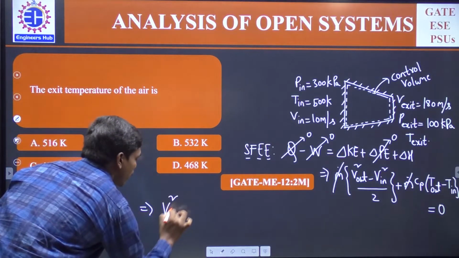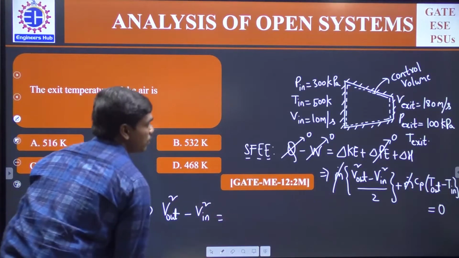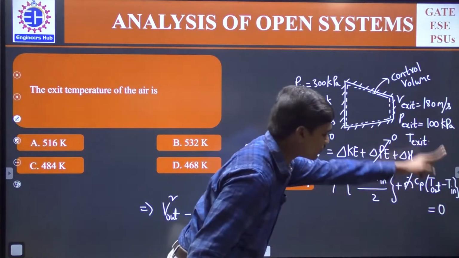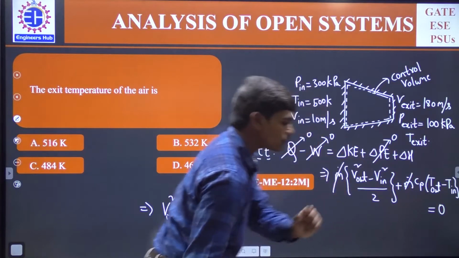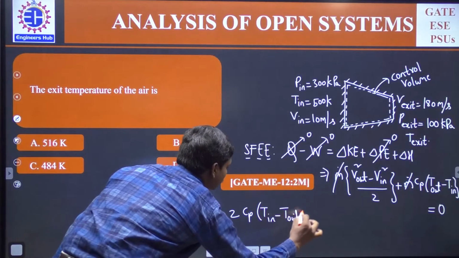V out square minus V in square is equal to 2 times Cp into (T in minus T out). If you shift this to the right-hand side, a minus sign comes; to eliminate that minus sign, I am writing T inlet minus T outlet.